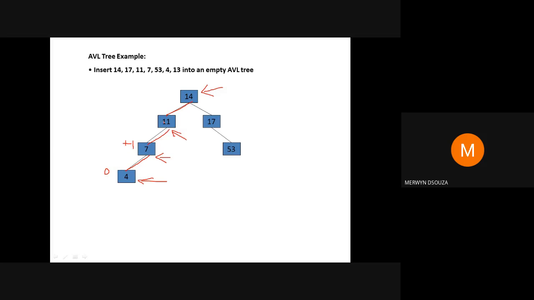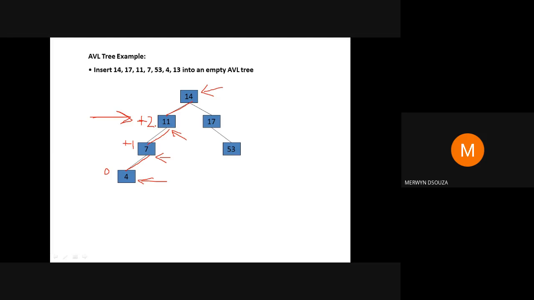Now what will be the balance factor for 11? It will come as +2. Now you can see that this is unbalanced. The tree has become unbalanced because this is not a valid balance factor value. So we need to balance it. To balance it, we have to use one of the 4 rotations.